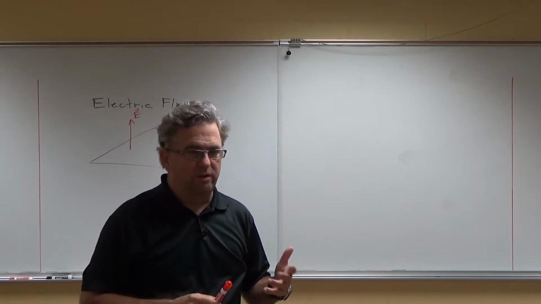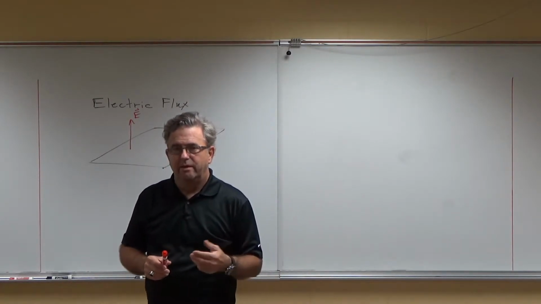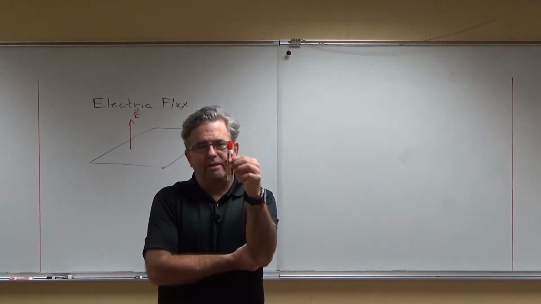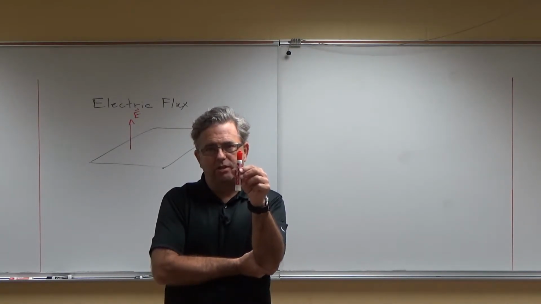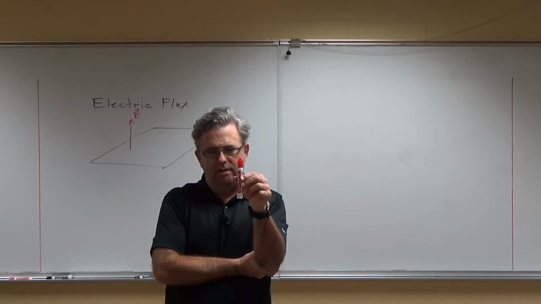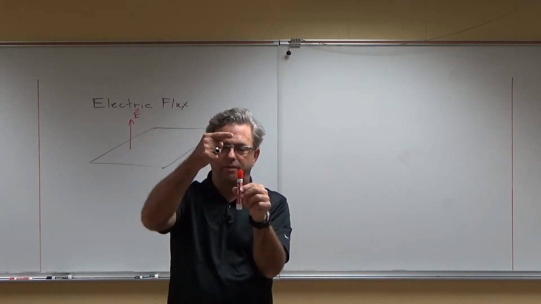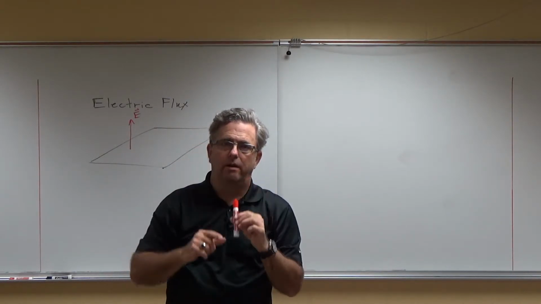The area vector is a simple idea. That area vector is a vector that is perpendicular to the area, okay? And the magnitude of the vector represents the area.